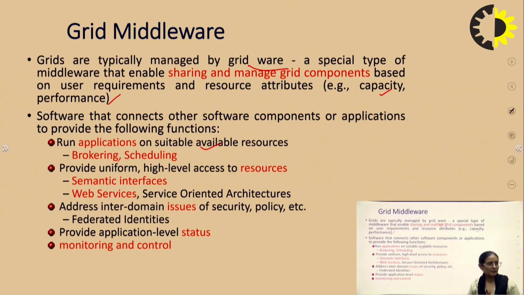It addresses inter-domain issues of security, policy, etc., because the systems involved have federated identities. It provides application-level status, monitoring and control of the grid. So these are the responsibilities of the gridware.